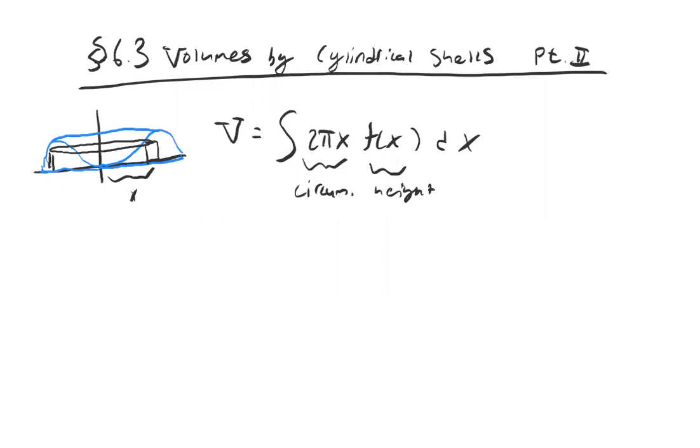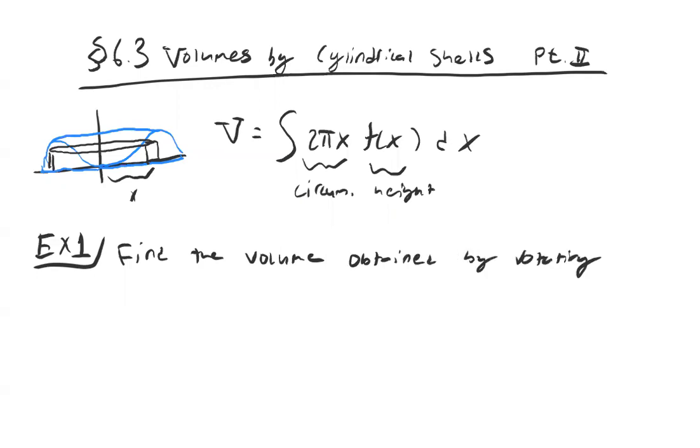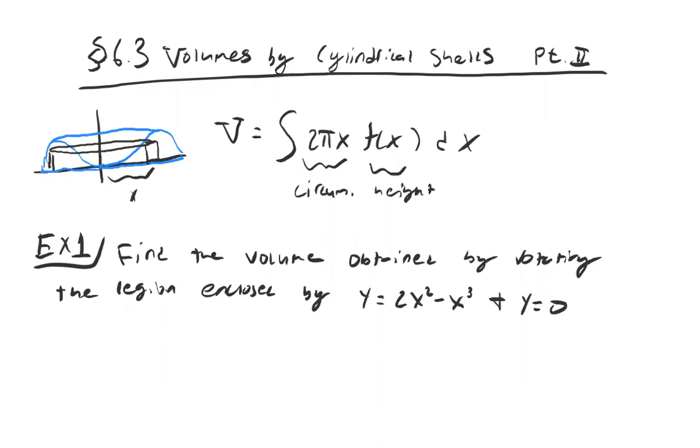Okay, so let's jump into an example. Example 1. We want to find the volume obtained by rotating the region enclosed by the graph y equals 2x squared minus x cubed, and y equals 0, about the y-axis.